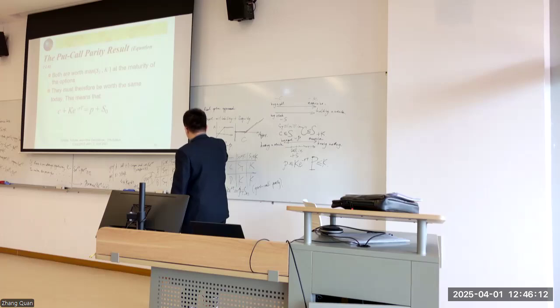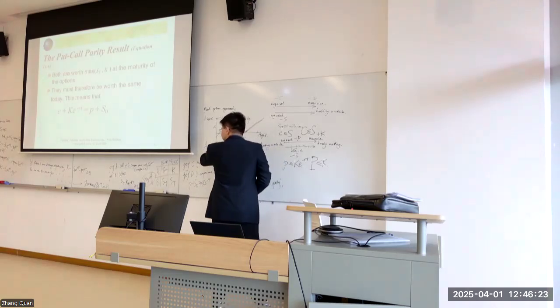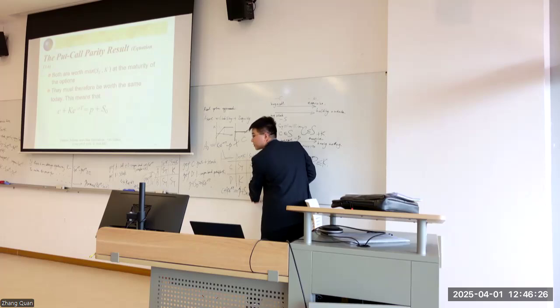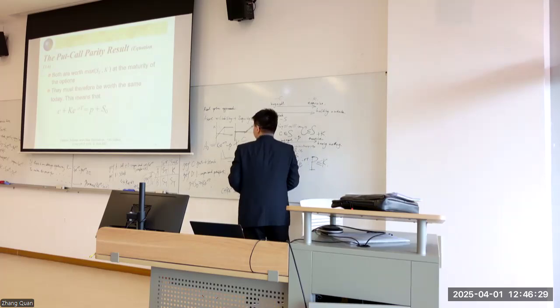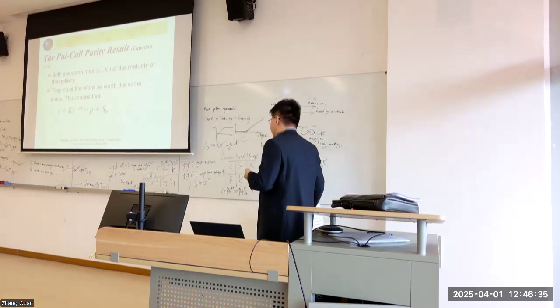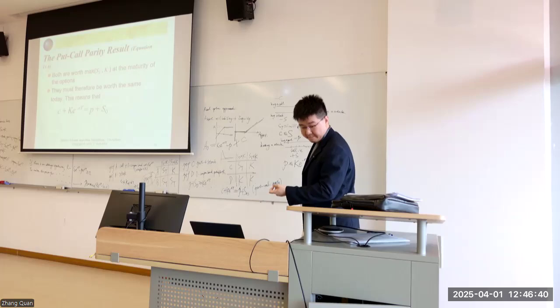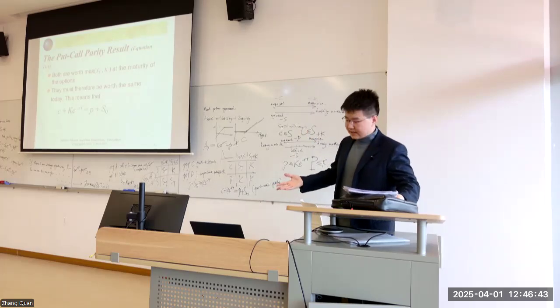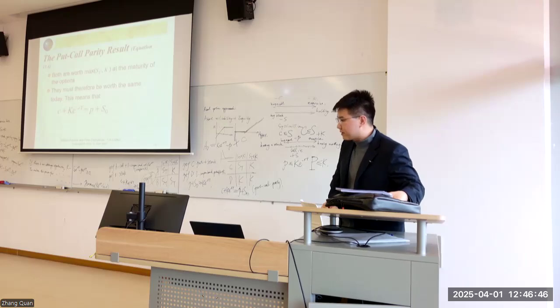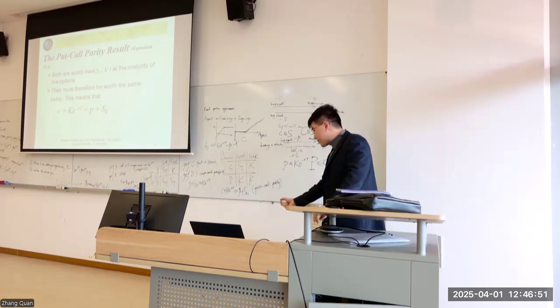So your asset value equals the summation of this and this. If you move the put to this side, we exactly get back to put-call parity. That means with the balance of parity, we can understand the corporate finance structure in terms of options.